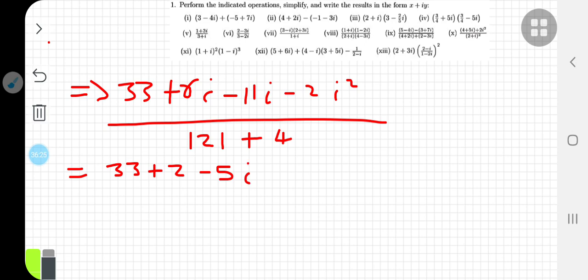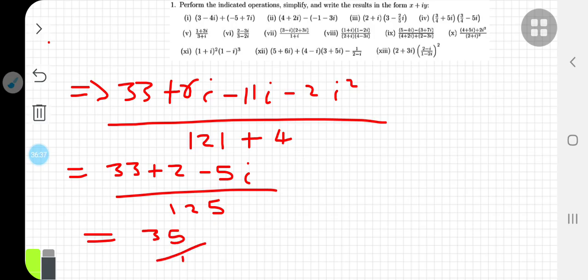So negative 5i, this will divide by 125. And here I'm going to have 35 over 125 as my real part, then minus 5 over 125 as my imaginary part.